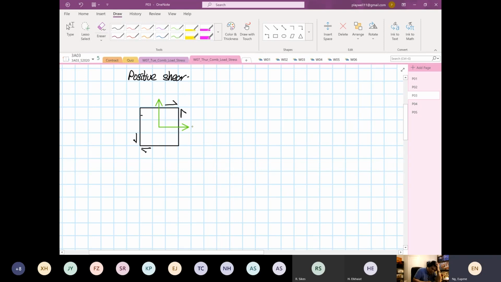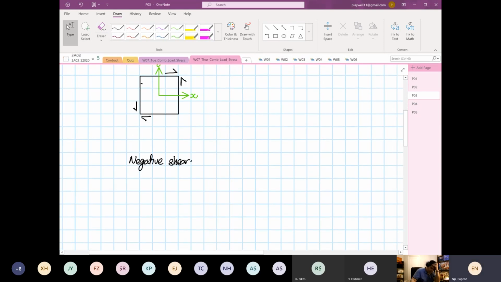So this is your X. This is your Y. And then the next one we have is negative shear. Okay, so we have negative shear, and it looks like this.